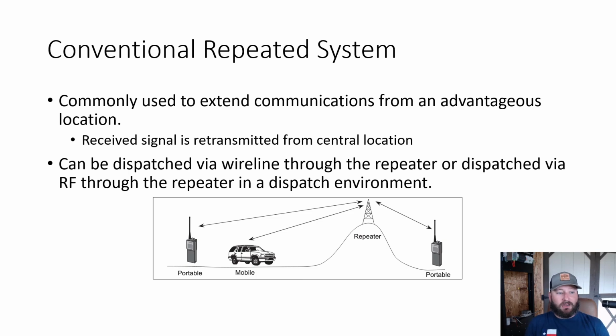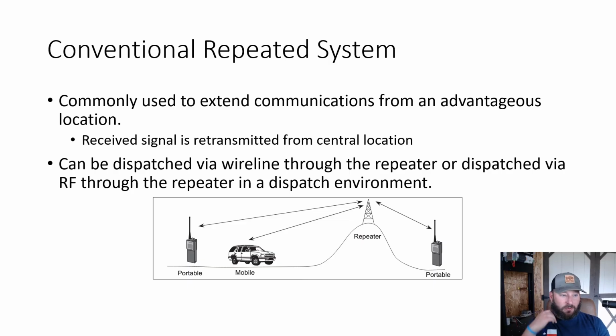Now we have our conventional repeated system. Whenever you hear the phrase repeater, this is typically what this refers to. It's used to extend communications from an advantageous location. Essentially, it functions by taking the received signal, demodulating it into its audio or digital component, and then just retransmits that information.